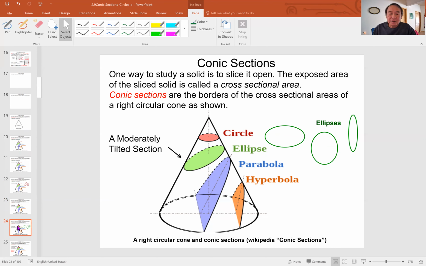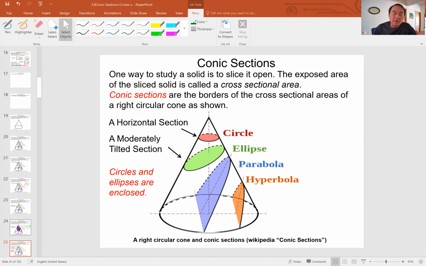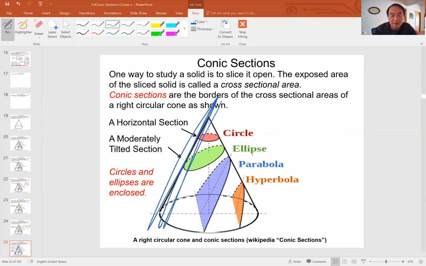Okay, by the way, for these two cuts, the exposed cross sections are closed. But if I cut parallel to the edge of this cone, parallel to this side, then I'll be slicing forever, and there wouldn't be a tip that can slice off.